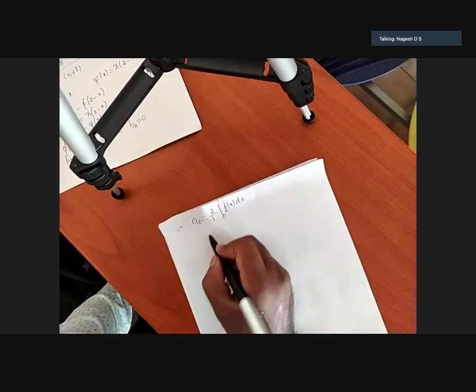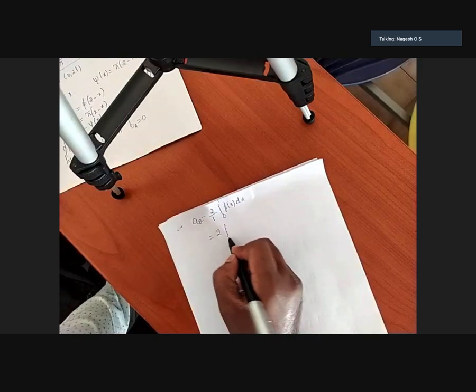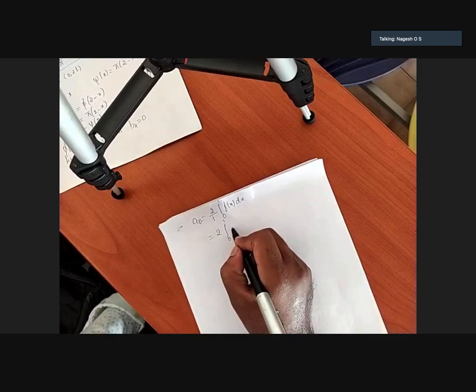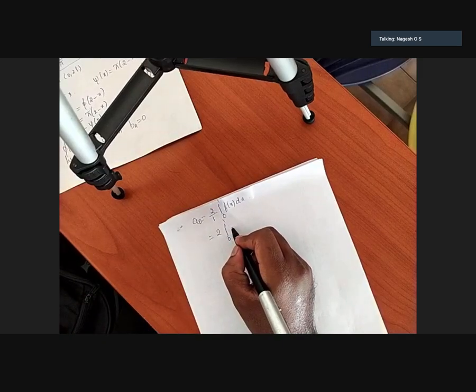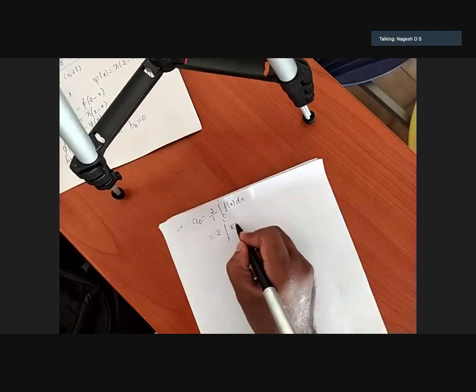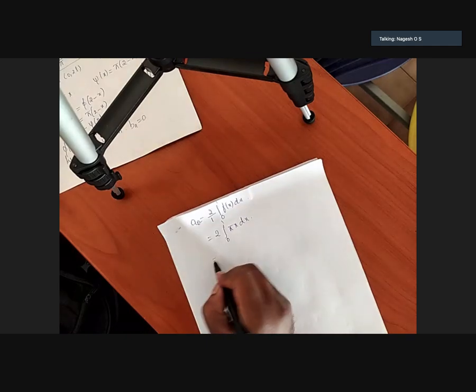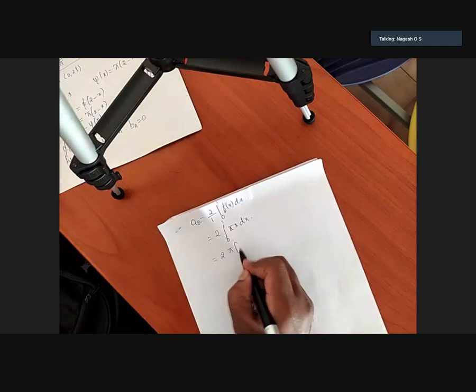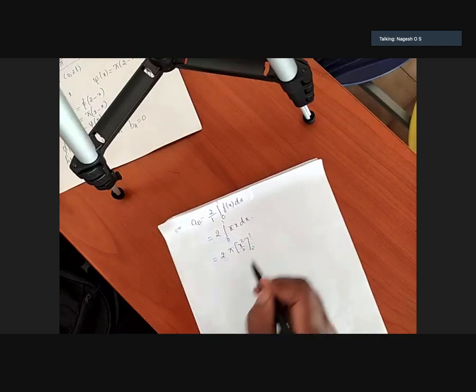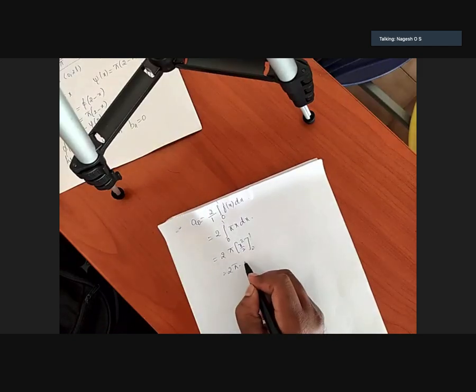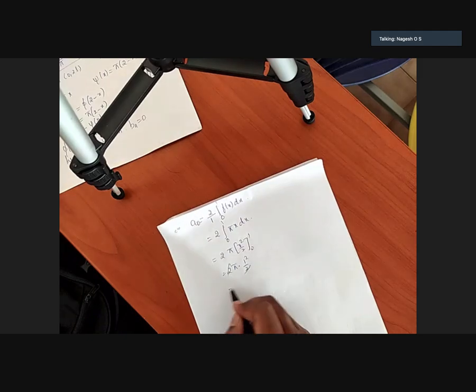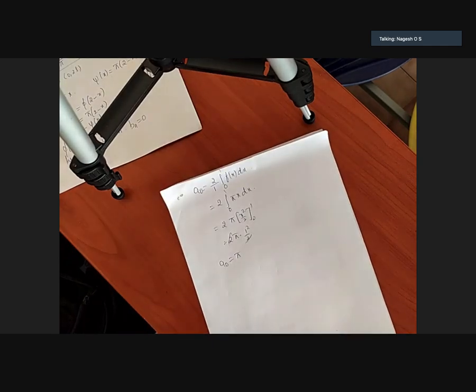So 2 by 1, it is 2, integral 0 to 1, f of x, which is pi x dx. Next, integrate this: pi x square by 2 between 0 to 1. 2 pi into 1 square by 2. So A naught is pi.